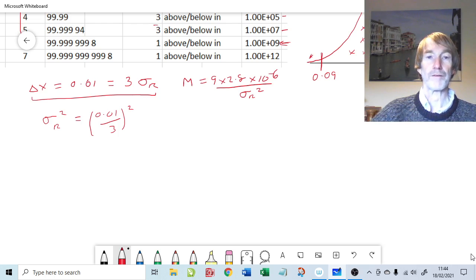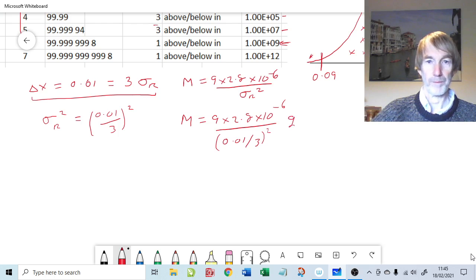So here we have a mass of particles equal to 9 times 2.8 times 10 to the minus 6 all over 0.01 divided by 3, all squared, and that will give us a mass in grams. And in fact that gives us a mass of 2.27 grams. So that is the mass of the pill.